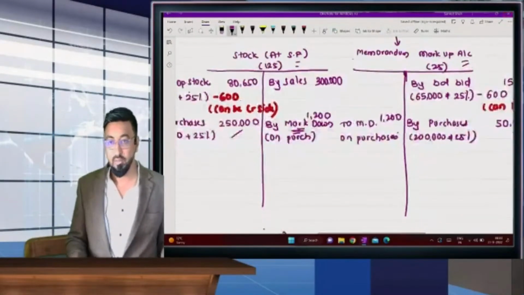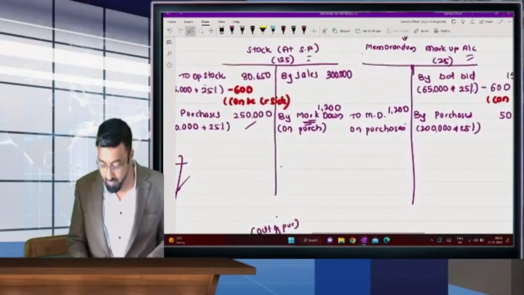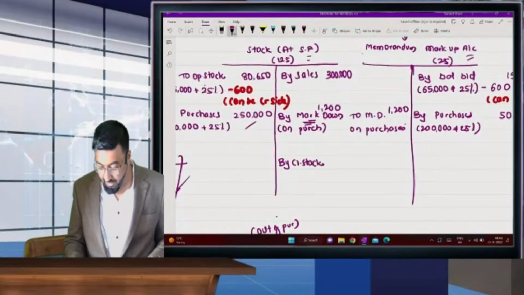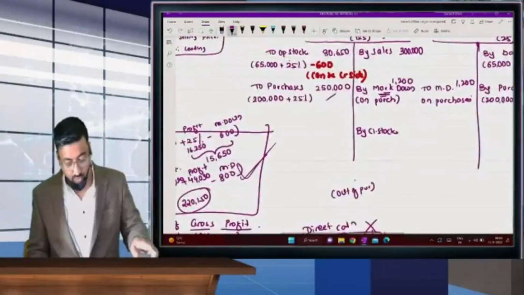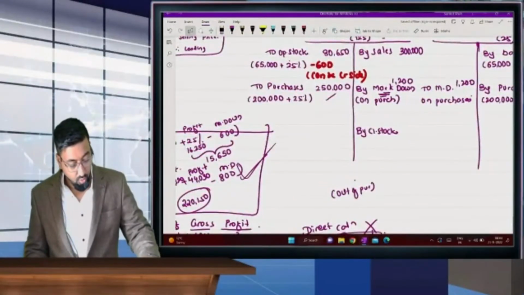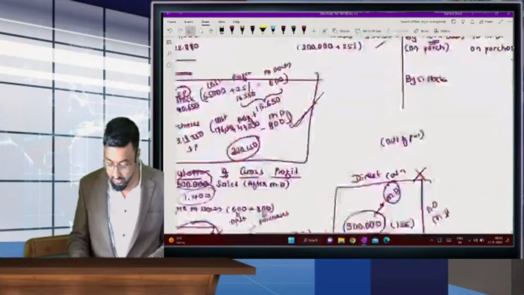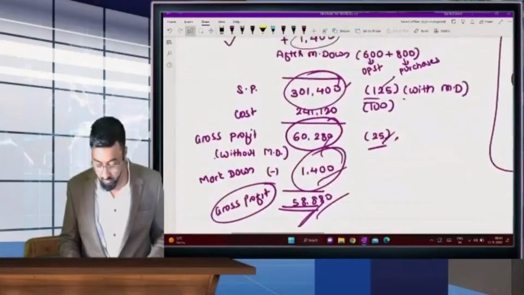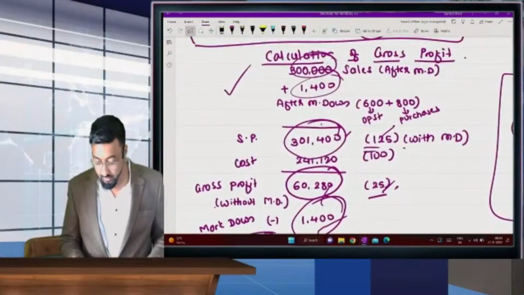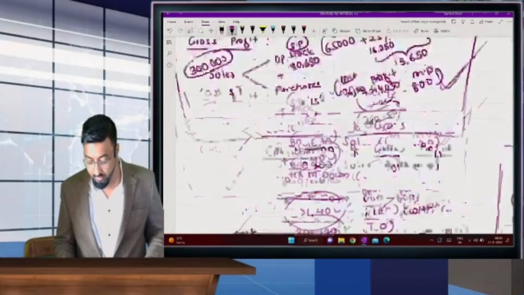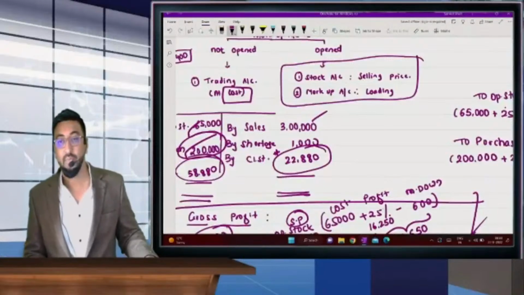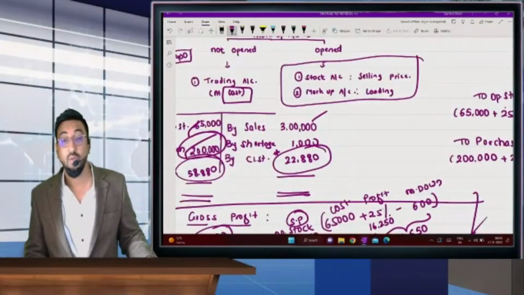Now next thing, by closing stock. Wait. By closing stock. Now this is very important. How to calculate closing stock? See, we already prepared one working note. Closing stock, you got 22,880.